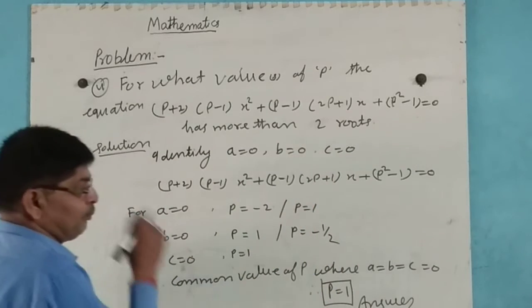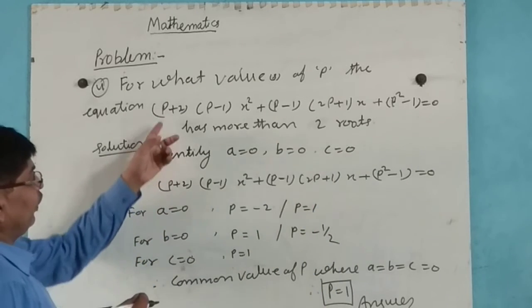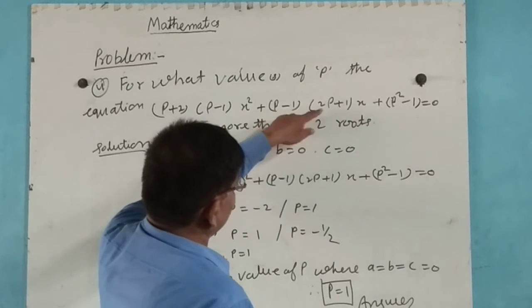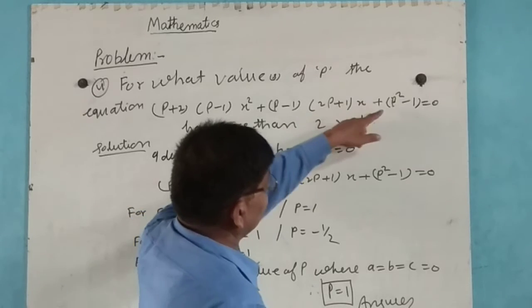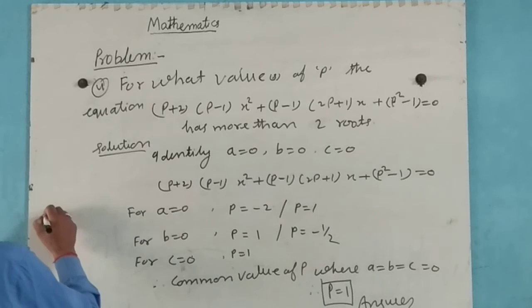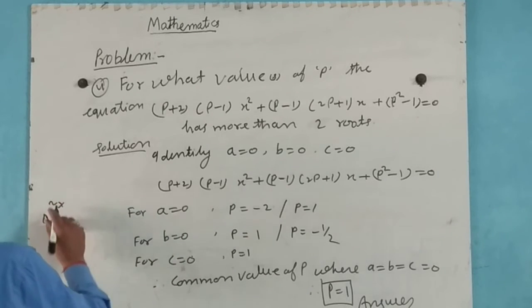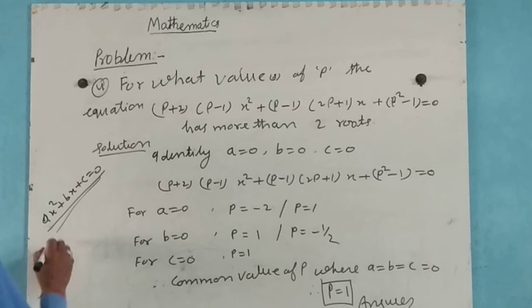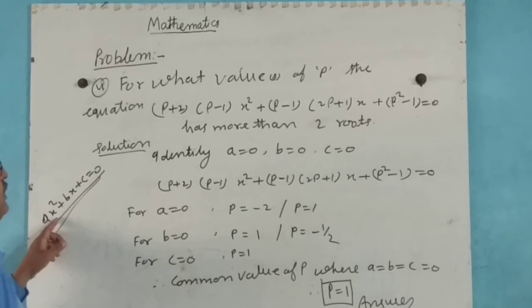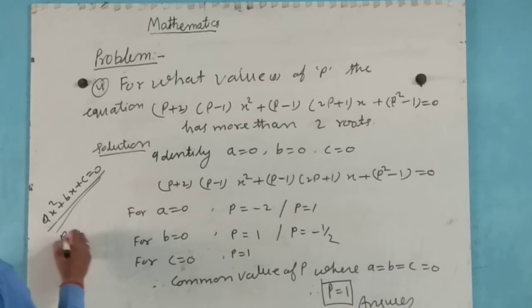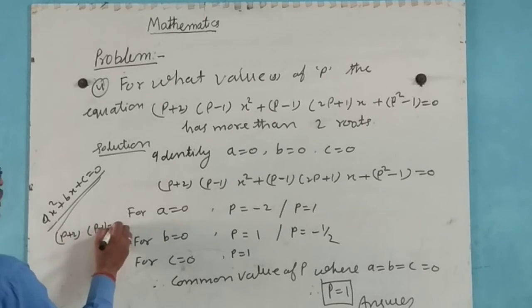Taking them at the same positions. Now the given polynomial is (p plus 2)(p minus 1)x square plus (p minus 1)(2p plus 1)x plus p square minus 1 equal to 0. For a equal to 0, the standard form is ax square plus bx plus c equal to 0. For a equal to 0, it means that the coefficient of x square is 0, so p plus 2 and p minus 1 equal to 0.